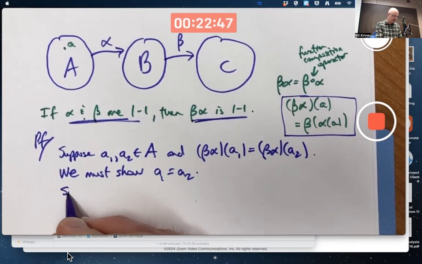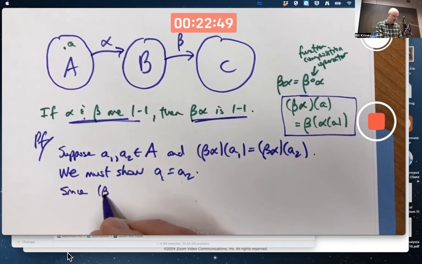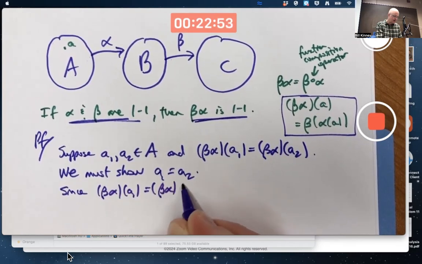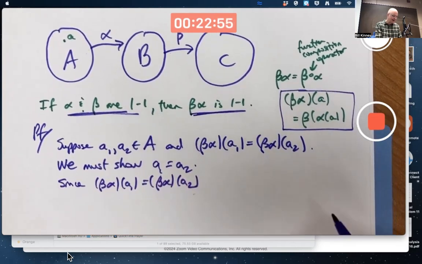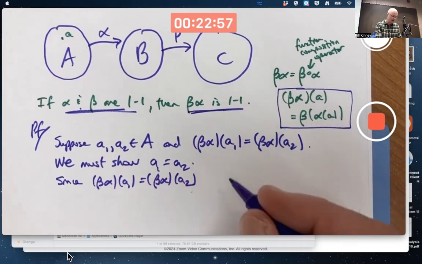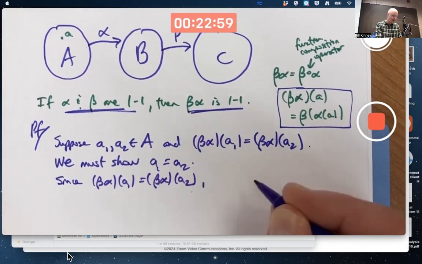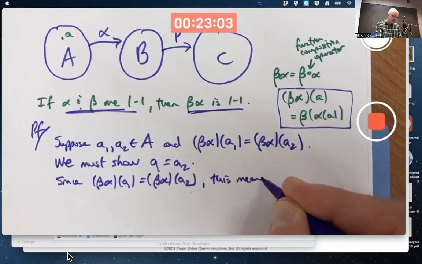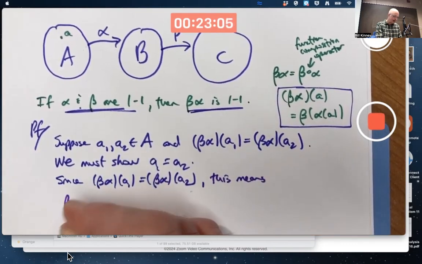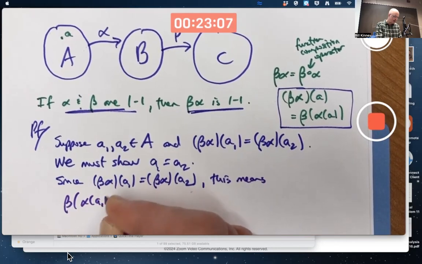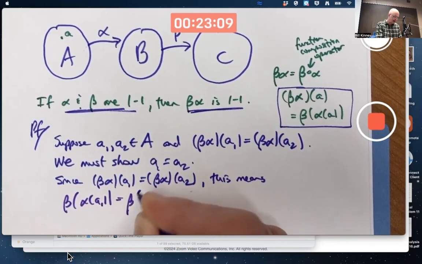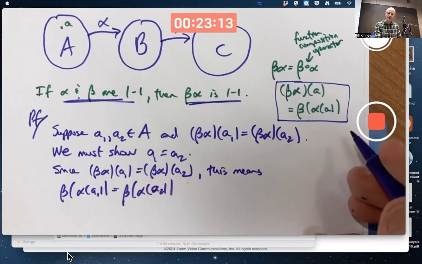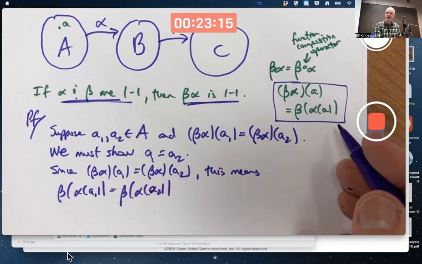Okay, let's write a little extra here. Since beta alpha of A1 equals beta alpha of A2, how can I relate this to beta and alpha individually? I've got to use the formula for beta alpha. This means beta of alpha of A1 equals beta of alpha of A2, using the definition of function composition.